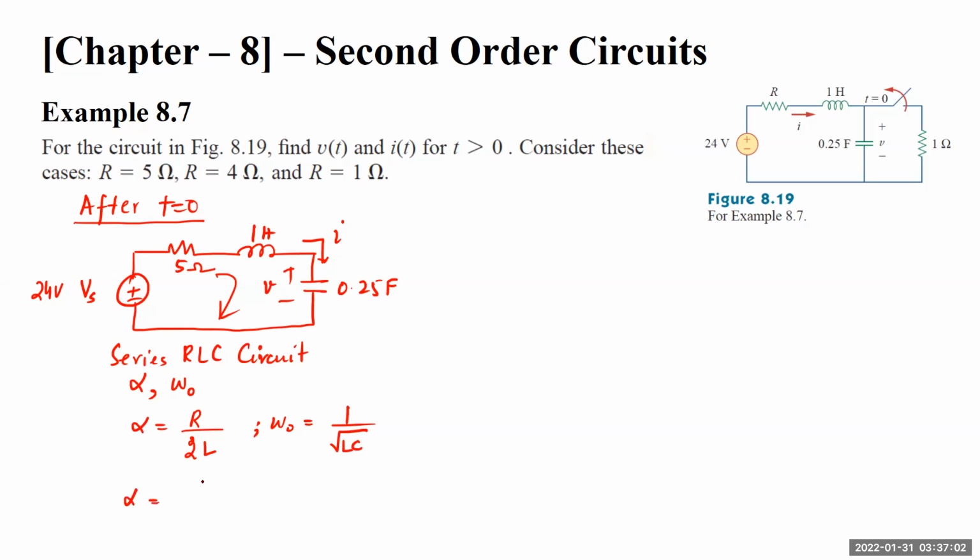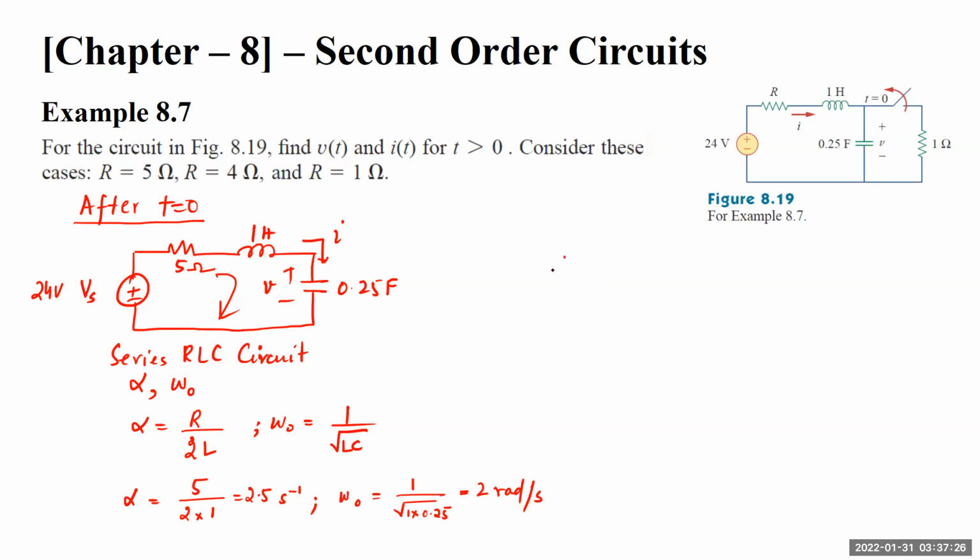So alpha is 5 divided by 2 multiplied by the inductance, which is 2.5 seconds minus 1. Omega naught is 1 by under root 1 into 0.25, which comes out to be 2 radians per second.